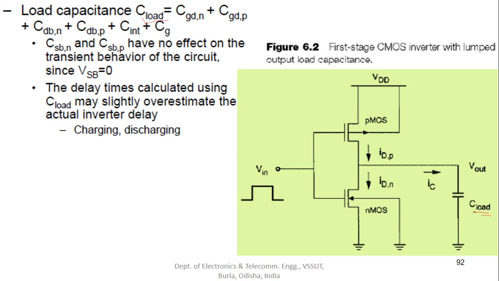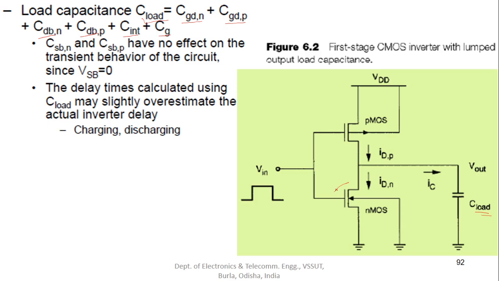Look at this C load. It is the combination of CGDN, CGDP, CDBN, CDBP, the interconnect capacitance and the gate capacitance. From the NMOSFET we have taken two capacitances: CGD between the gate and the drain, and CDB between the drain and body.